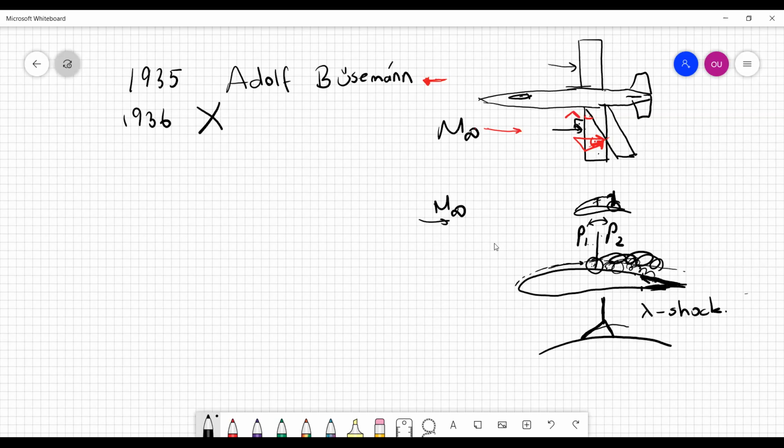They held Busemann captive and transferred him to the United States. He started working at universities in the United States and at NASA after that. They captured everything the Germans produced regarding swept wing aerodynamics.